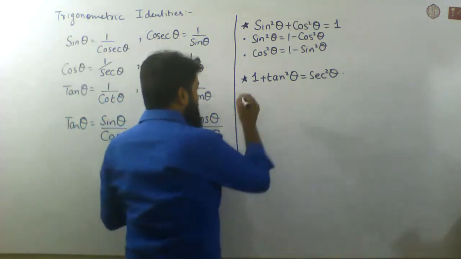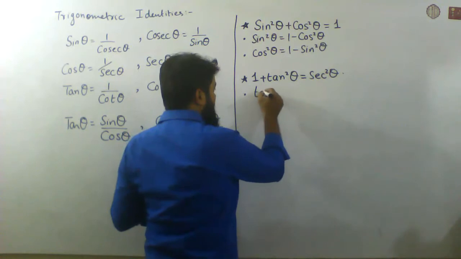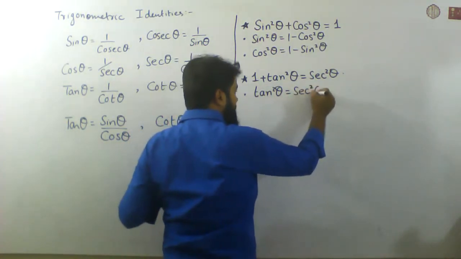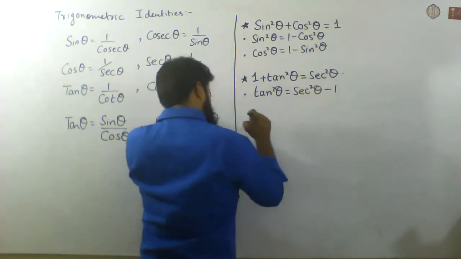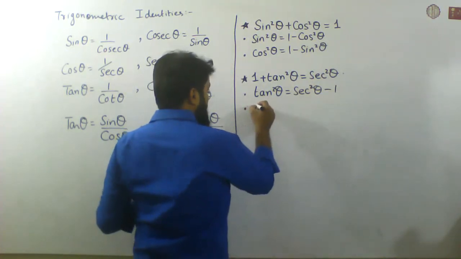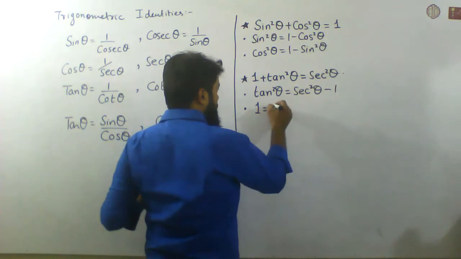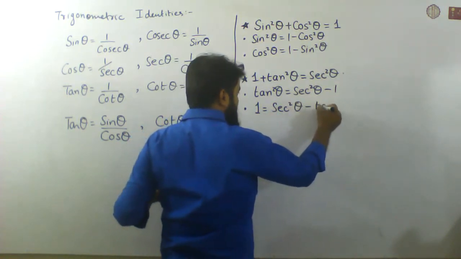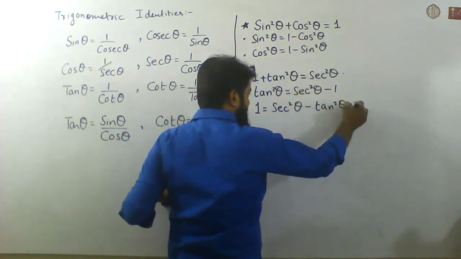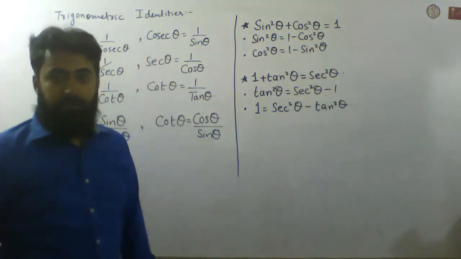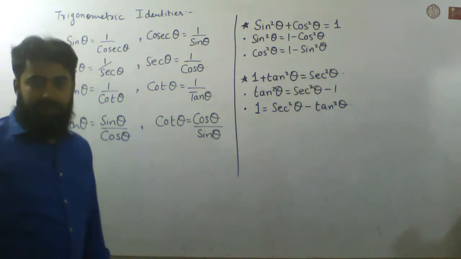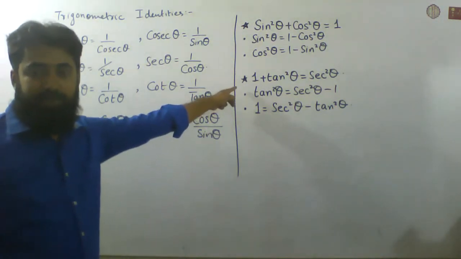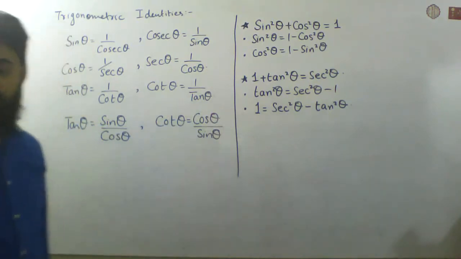You can write it in these forms also: tan square theta equals sec square theta minus 1, or 1 equals sec square theta minus tan square theta. This is the second squaring identity, and these two are its variations.